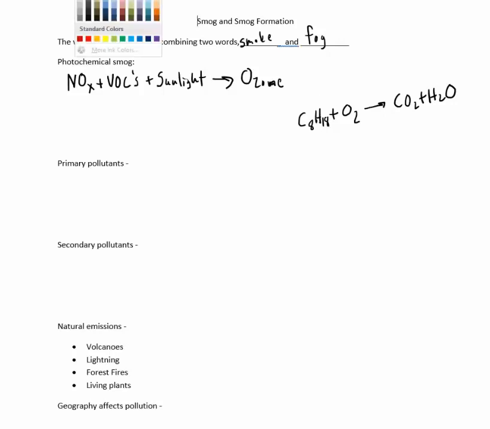So let me change colors really quick here. So if I add in some nitrogen from the atmosphere and some VOCs as well, and scientists don't totally understand all of the chemical reactions that happen here because they're very complex, but we do know for sure that there's 78% of nitrogen in our atmosphere.